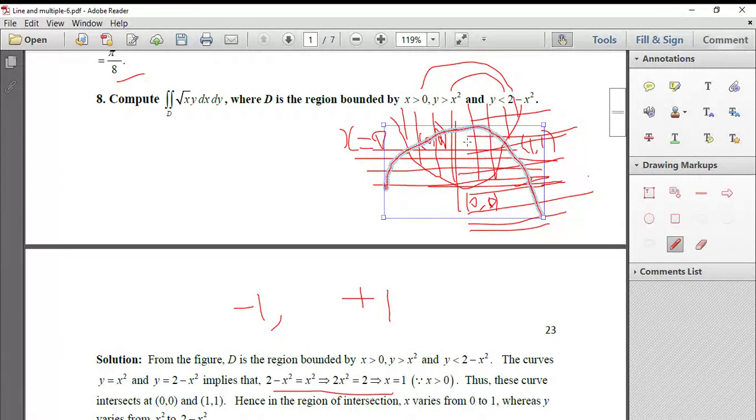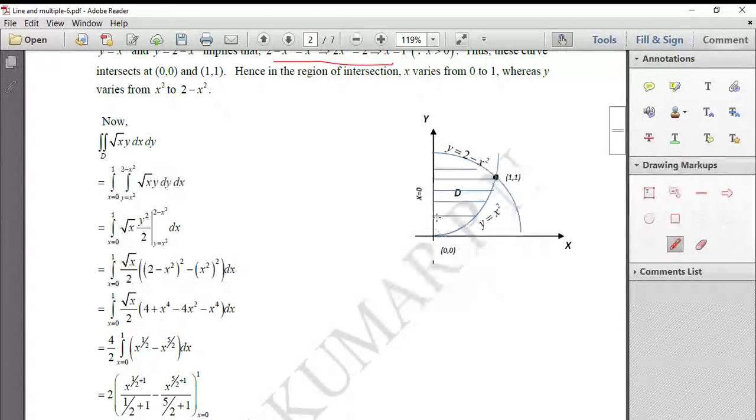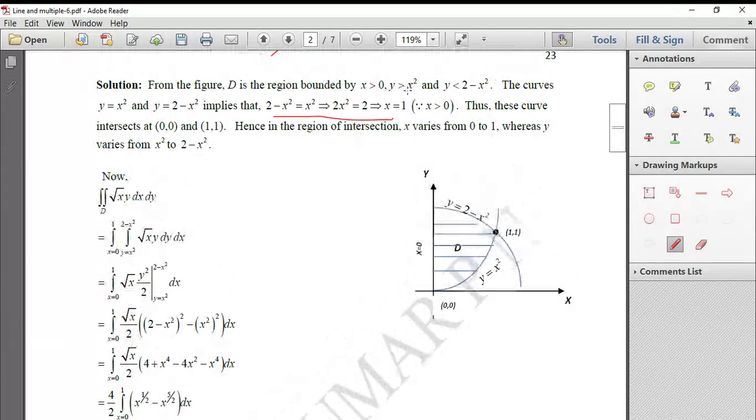All these are intersecting at this region. If you take any point in this region, it satisfies all three conditions: x is greater than 0, y is greater than x square, and y is less than 2 minus x square. So this is the region where all three are satisfied. So this is our region D.